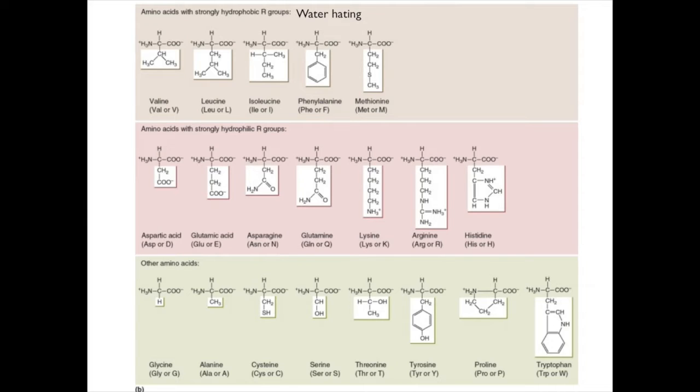The portions of these proteins that are embedded in the membrane are called the transmembrane segments of the protein. The 7 amino acids shown in the middle panel have strongly hydrophilic or water-loving residues. Stretches of amino acids with hydrophilic residues are more likely to be located in regions of the protein that extend into the extracellular or intracellular fluids.